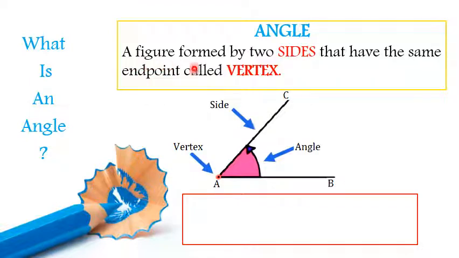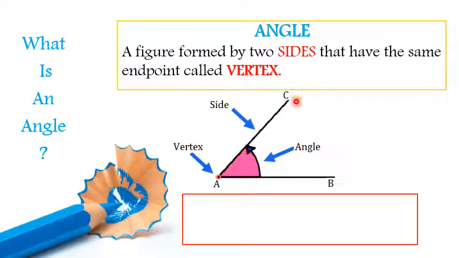A figure formed by two sides that have the same endpoint called the vertex. Here, this is the vertex A. What's a vertex? It's the point of intersection of two sides or rays. If this is a triangle or a closed figure, I can say that AC is a side.